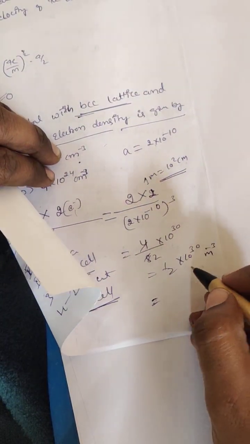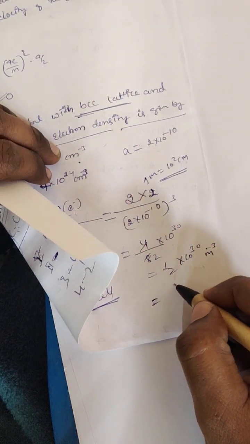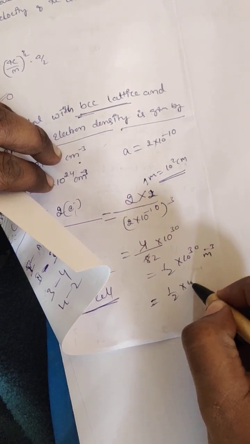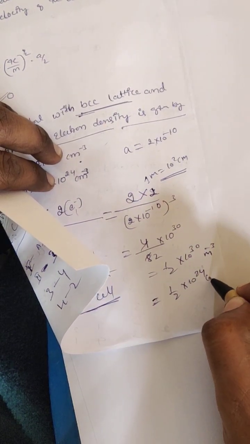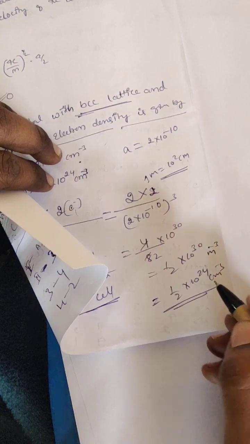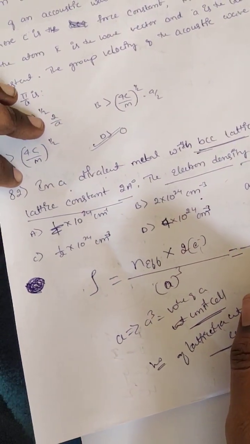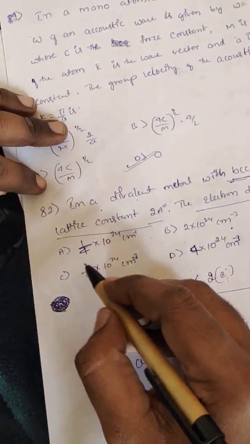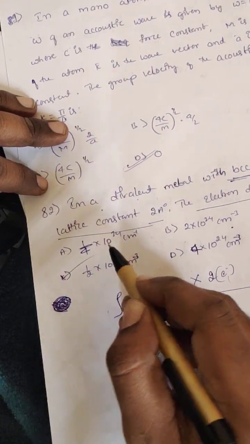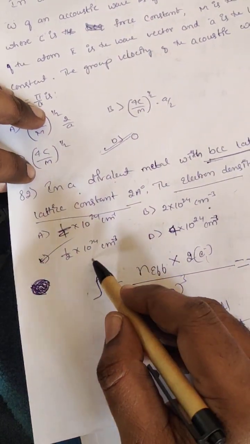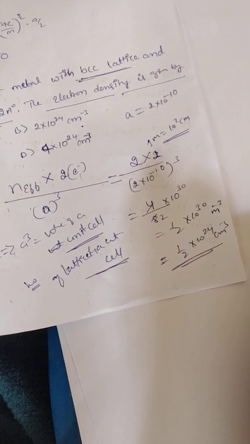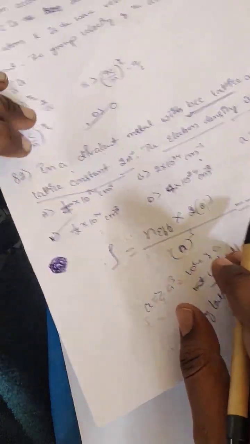Therefore, which is equal to 1 by 2 into 10 to the power of 24 per centimeter cube. So option C is correct.